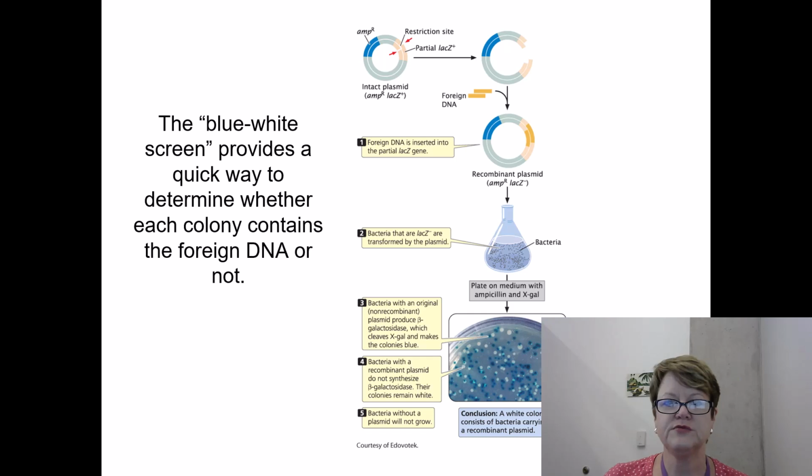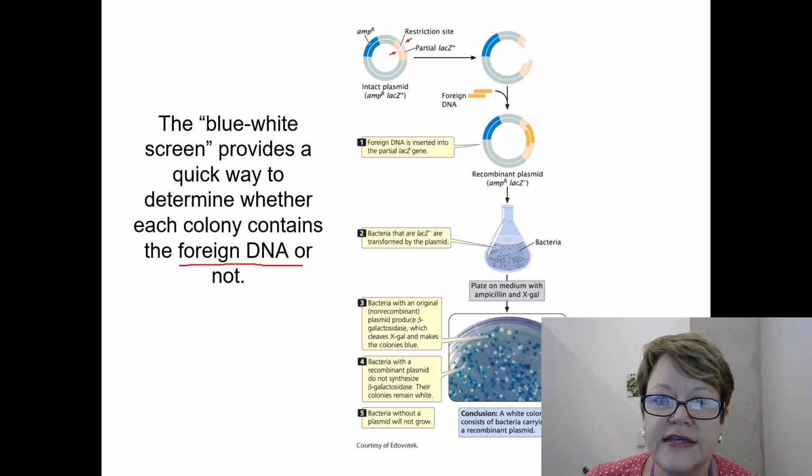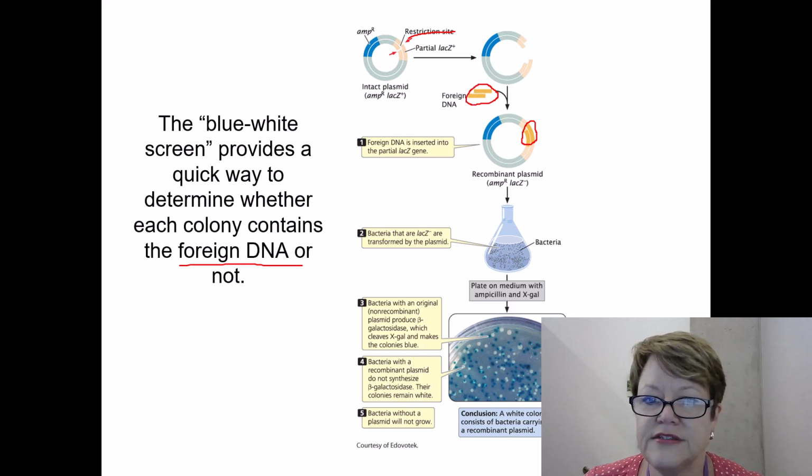There are different tricks we use to determine whether or not a cell or a colony of cells contains your fragment DNA or not. One is called the blue-white screen, where you use a vector that has a LacZ gene that is cut by your restriction site, and then when you insert your fragment, your foreign DNA piece, it will interrupt the LacZ gene, which will create colonies on the plate that come out white.